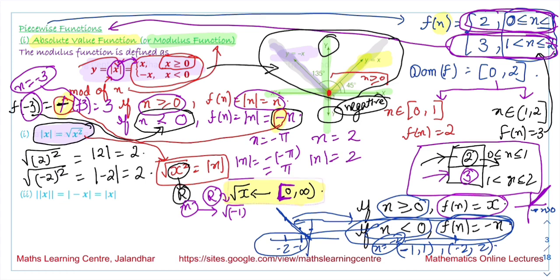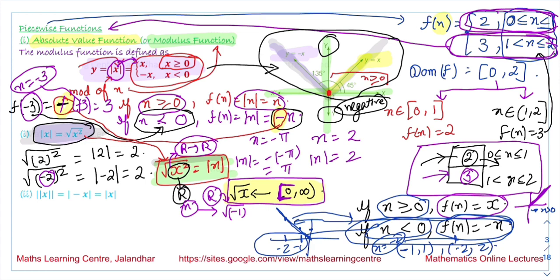But when we are talking about the function square root of x square, the domain is the real line, and the answer we obtain is a real number. So it can also take negative values: minus 2 is also possible, minus 3 is also possible. So this function is defined as square root of x square is equal to mod of x.